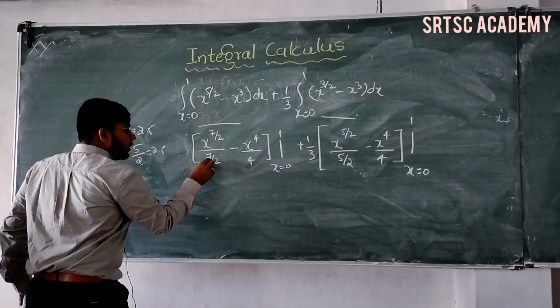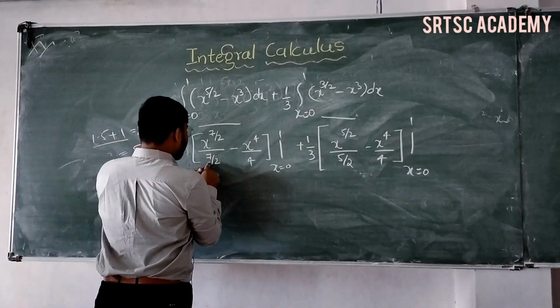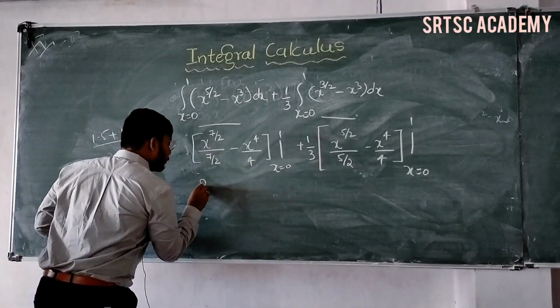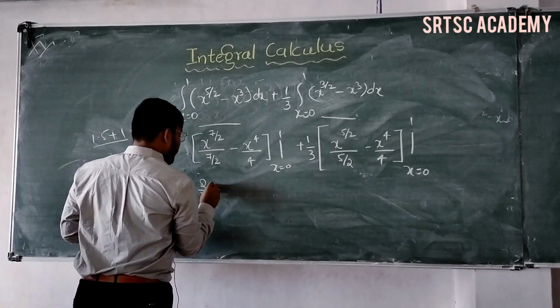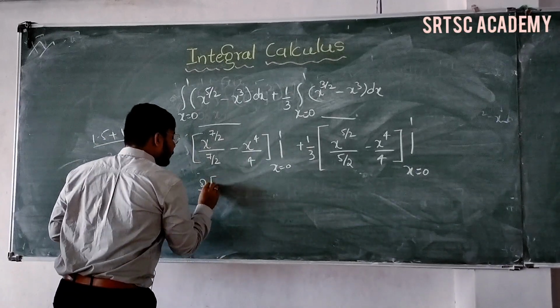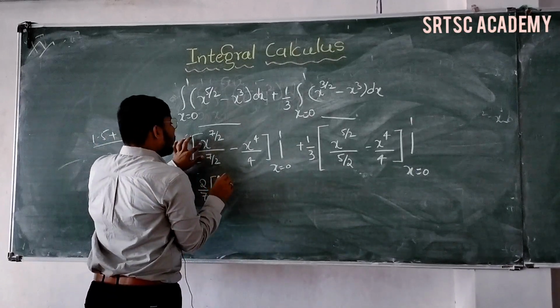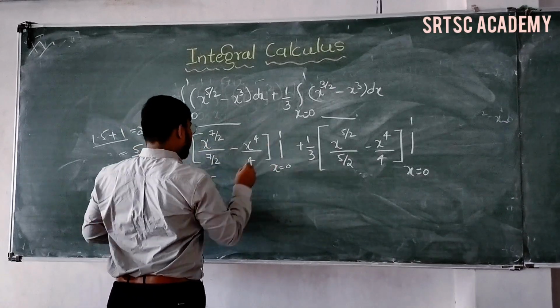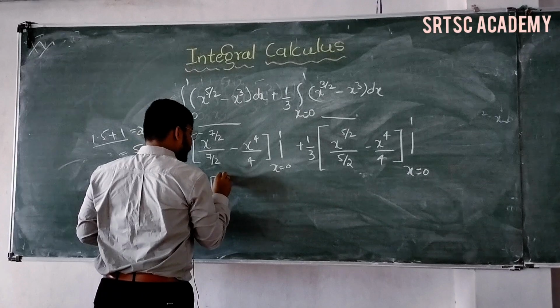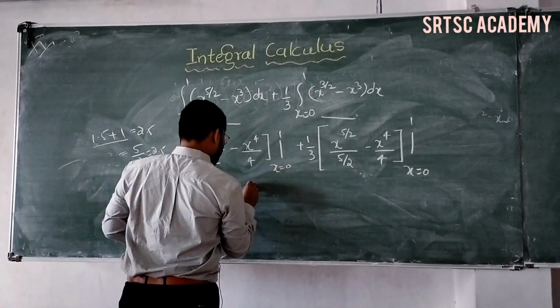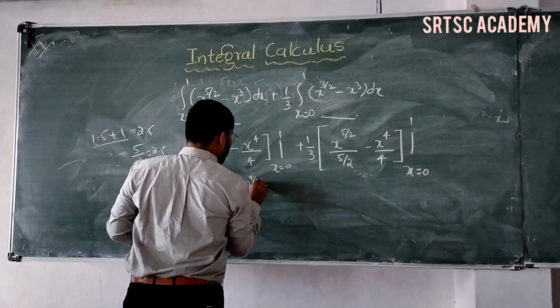Here 7 by 2 is there, right? 7 by 2 goes to the numerator: 2 by 7 x to the power 7 by 2. Apply the upper limit: instead of x, we write the upper limit, 1 to the power 7 by 2, minus the lower limit, 0 to the power 7 by 2.